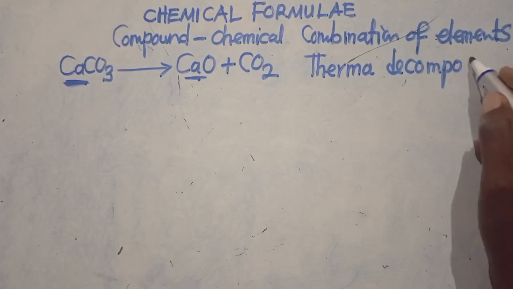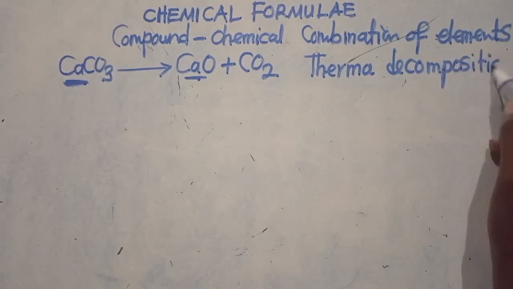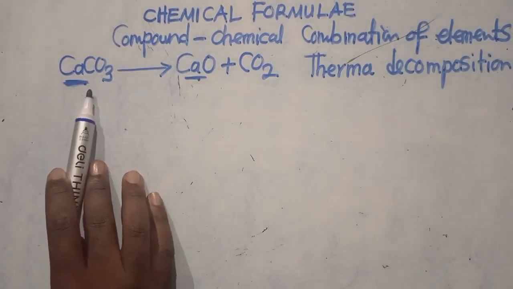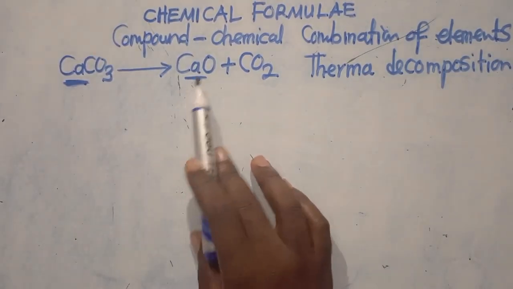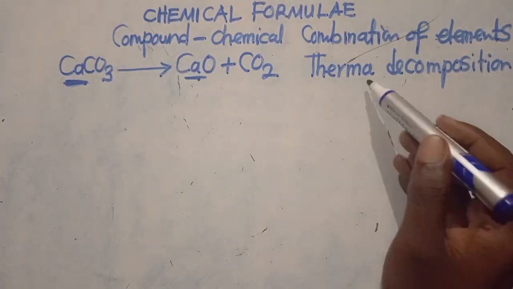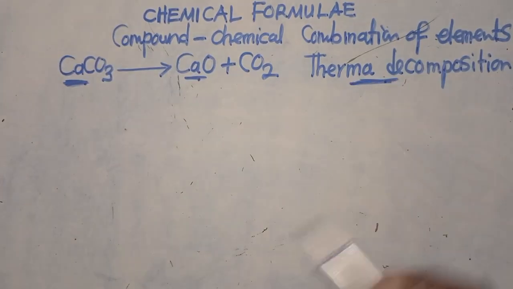Why have I said that this is thermal decomposition? For us to break down the limestone into quicklime, which is the calcium oxide, plus carbon dioxide, we have to apply heat. So this is thermal, meaning heat. When we say thermometer, thermal means heat.